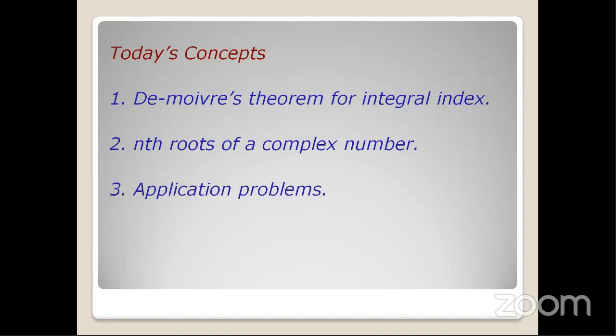And we will try to see the application problems on De Moivre's theorem and also nth roots of a complex number. Now, as I was mentioning right in the beginning, this is an extension of the topic complex numbers. The second point here says nth roots of a complex number. You can understand this, isn't it?